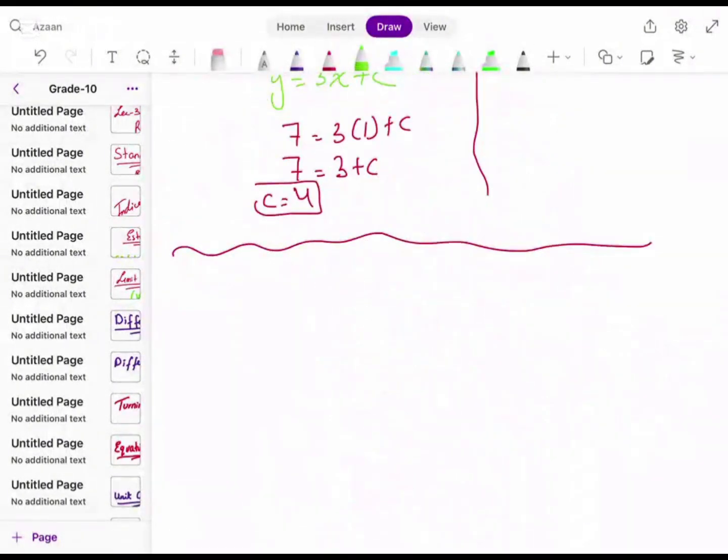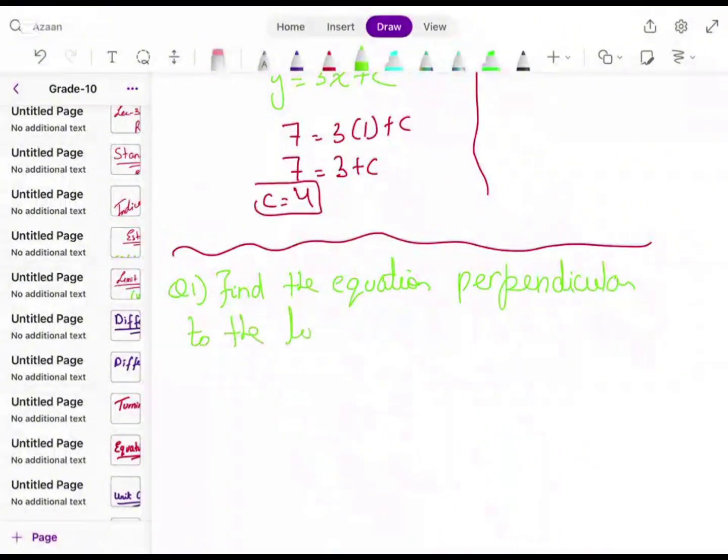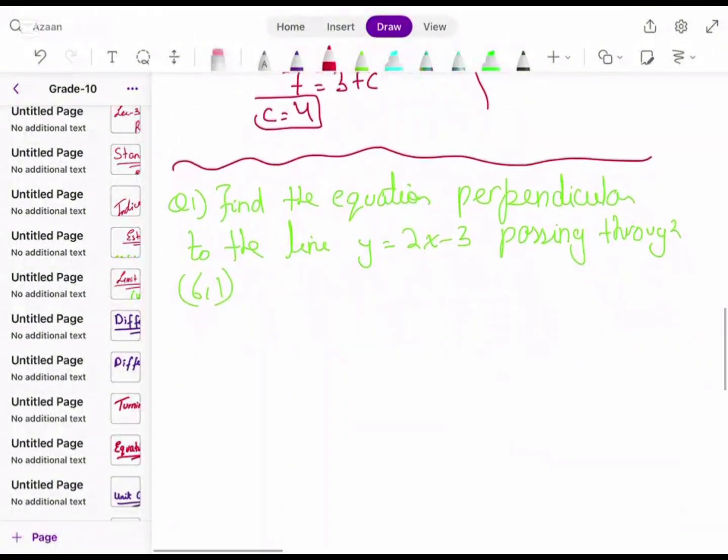For example, find the equation perpendicular to the line y equal to 2x minus 3 passing through 6, comma 1. Now this question is very interesting because perpendicular condition is different.